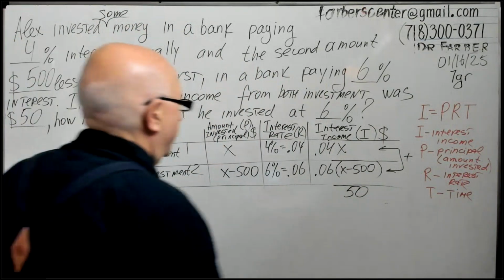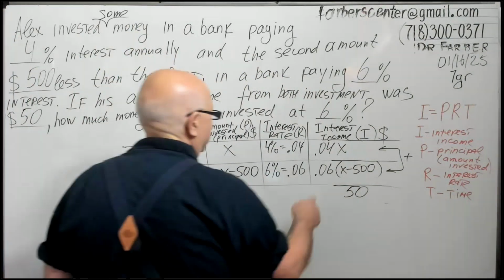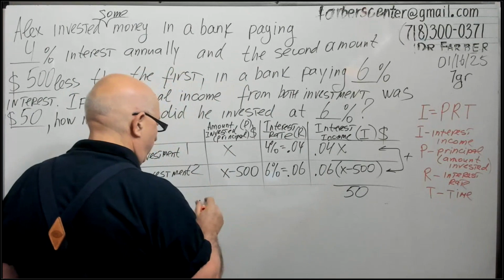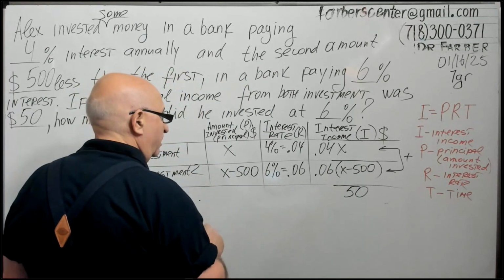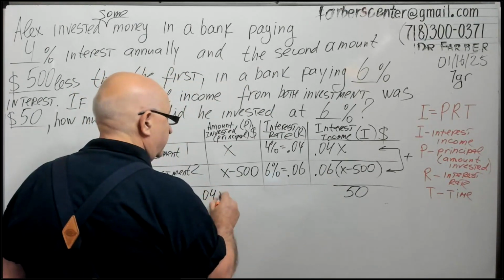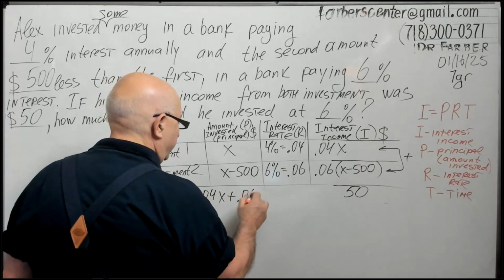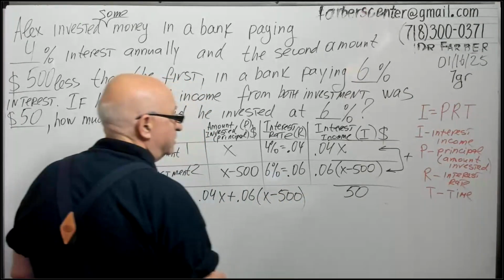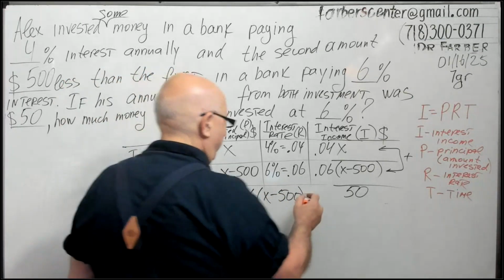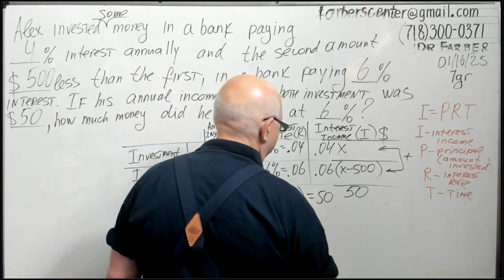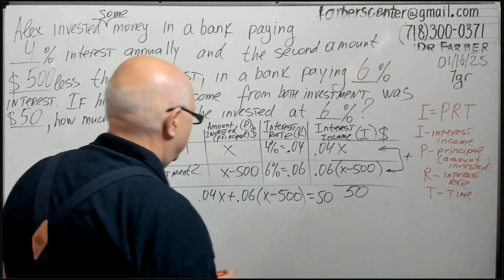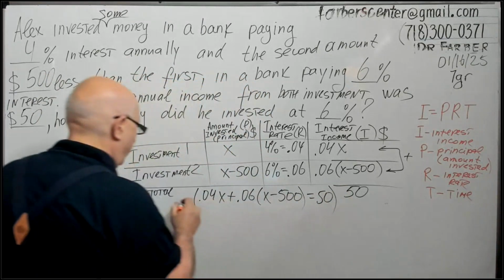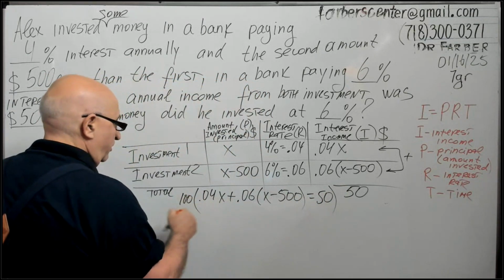Now, students, if I add this plus this, I don't have too much room, I try to squeeze, but you write neatly. 0.04x plus 0.06 times x minus 500. Write it down, because after that I change numbers for you. And this will be $50 at the end of this year. My suggestion, multiply both parts by 100. Get rid of these decimals.